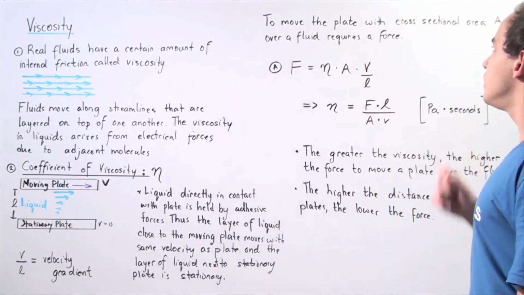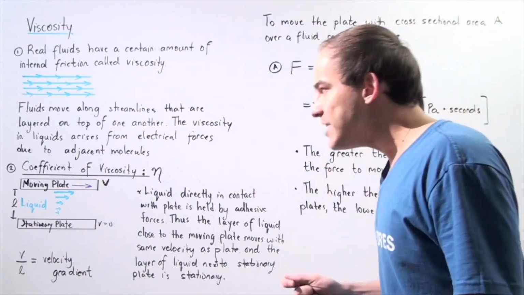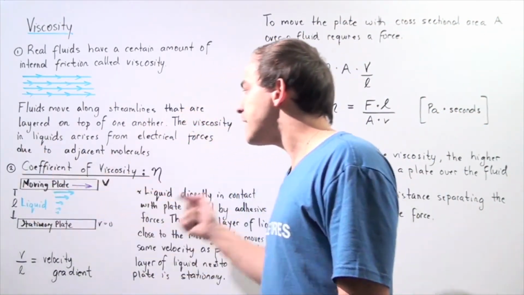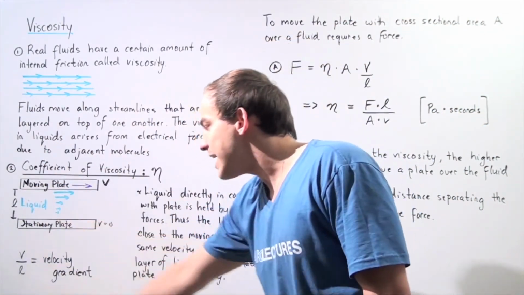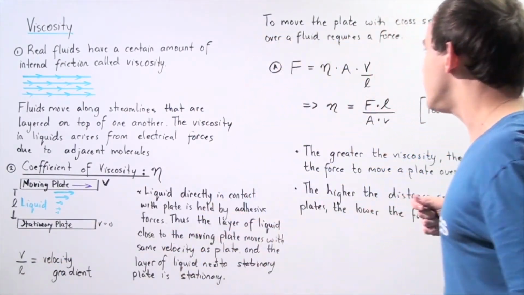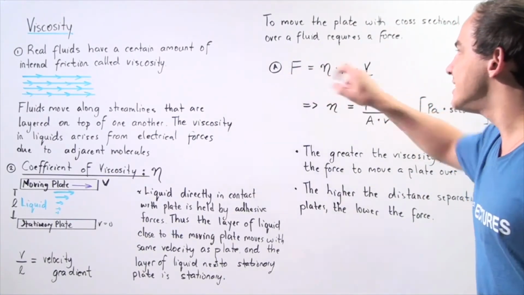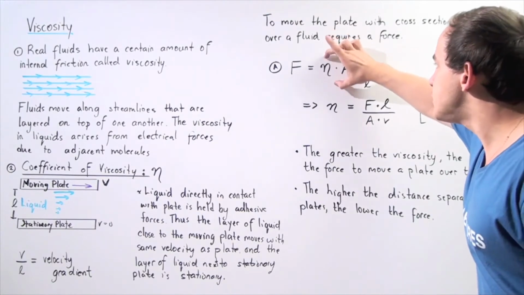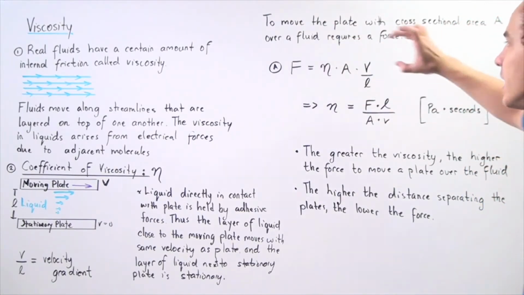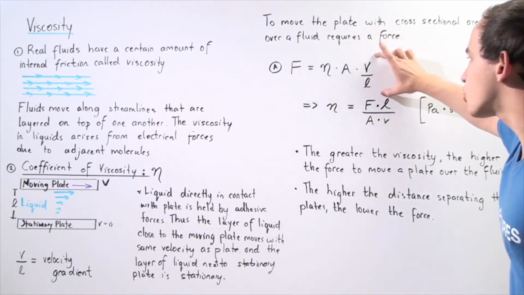So, to move the plate with cross-sectional area A over a certain fluid with some viscosity requires a force. And the relationship between the coefficient of viscosity, the velocity gradient, the cross-sectional area of the plate we're moving, and the force is given by this equation. So force is equal to the coefficient of viscosity multiplied by the cross-sectional area multiplied by the velocity gradient.